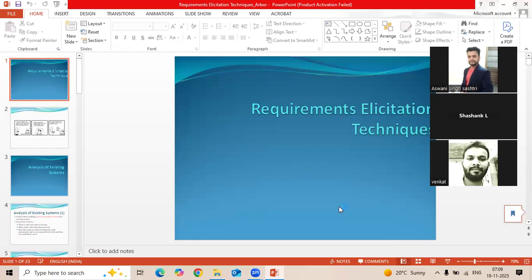It starts with analysis of existing system, prototyping, workshop, survey, brainstorming, workflows. These are multiple ways to gather the requirement. In my project, interview is one of the techniques, but mostly I have used the workshop technique to gather the requirement. This will be your answer in the interview.